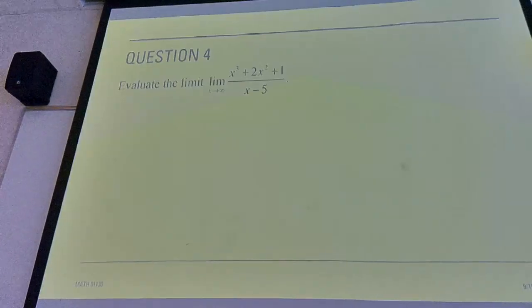Evaluating limits at infinity. When dealing with rational functions, or even a power function over a power function, the method is fairly straightforward. Look here.